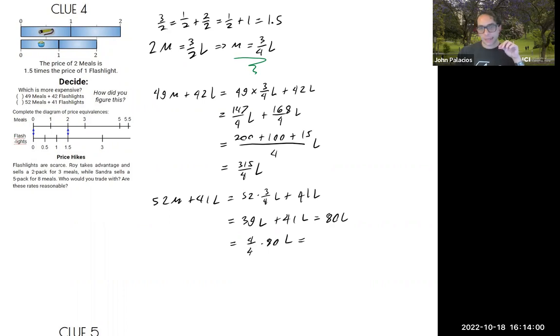So 4 times 8 is 32, times 10 is 320 quarters L. And we can see that 320 quarters is more than 315 quarters, which means that the second expression is a larger value, or it's more expensive to buy 52 meals and 41 flashlights than it is to buy 49 meals and 42 flashlights. If my arithmetic is correct, you'll want to check that. And yeah, we'll move on to the next one.